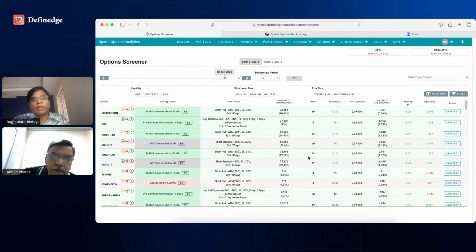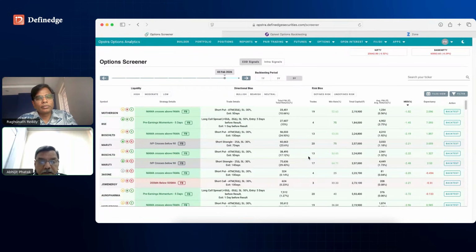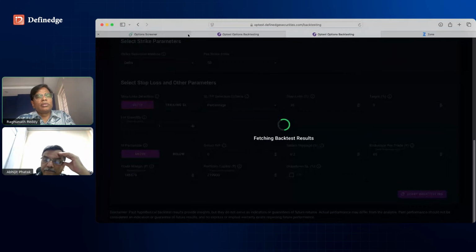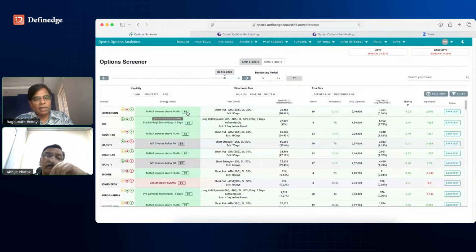Okay. Any questions, Sepi? Most important question: will this be in the Pro version or the basic version? Right now, for a while, maybe 2-3 weeks, we will keep it free for everyone, at least for the screener part. So you can explore the screener and see if you find it useful, then you can subscribe to Pro, with which you also get access to OPTEST.